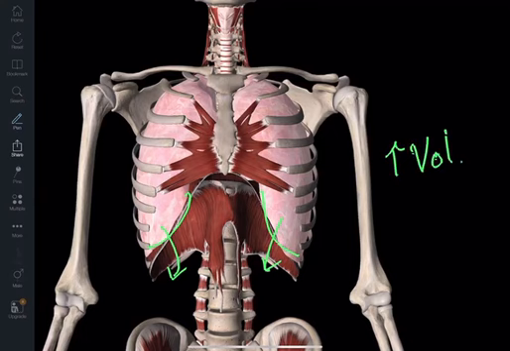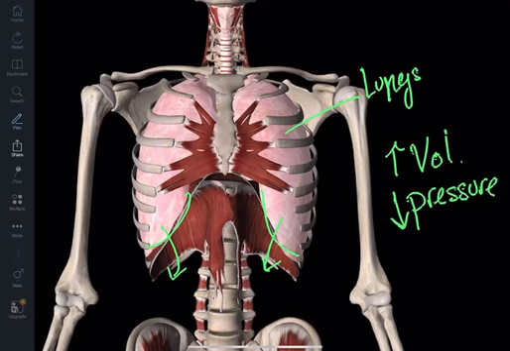If you guys had taken physics, you would realize if you increase the volume of a container, the pressure will go down. As that pressure goes down, eventually the pressure inside the lungs becomes lower than the pressure outside the lungs.